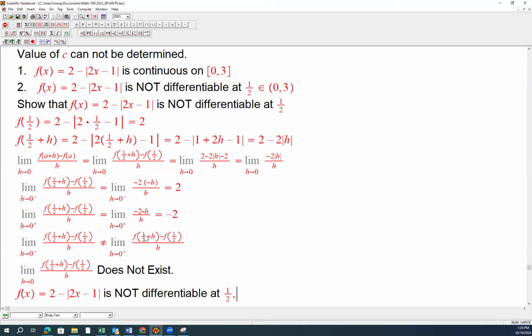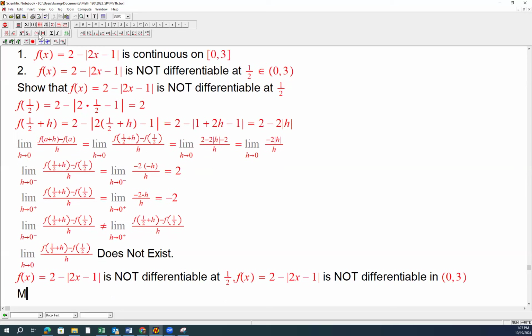Okay, if it's not differentiable at half, it's not differentiable inside the interval 0, 3, because there's one point it is not differentiable at, and therefore the function is not differentiable in the entire interval.